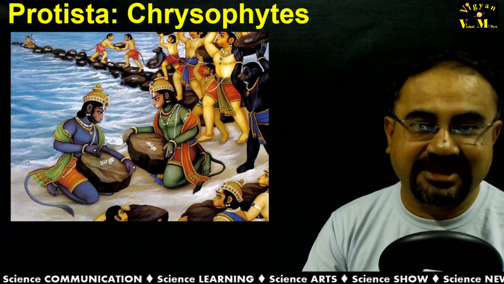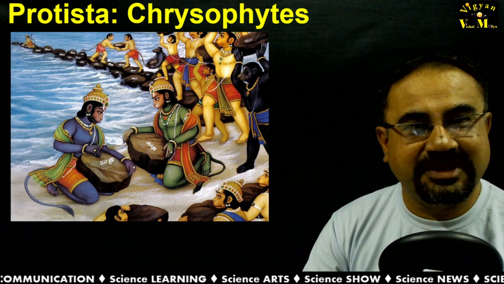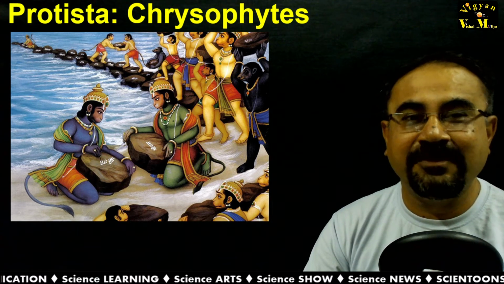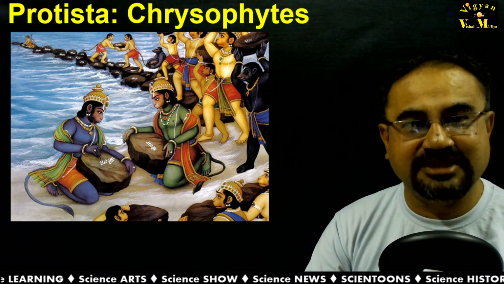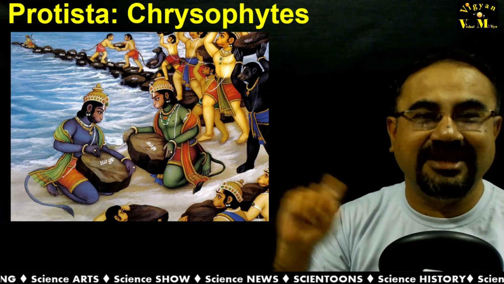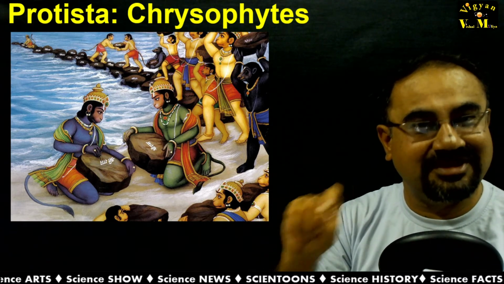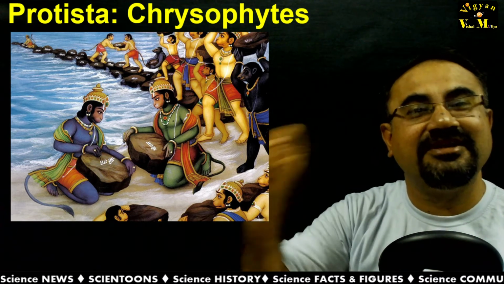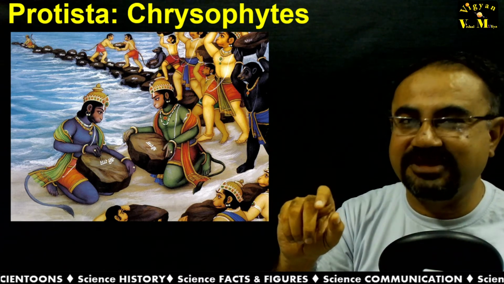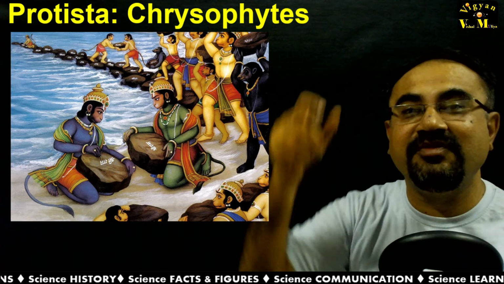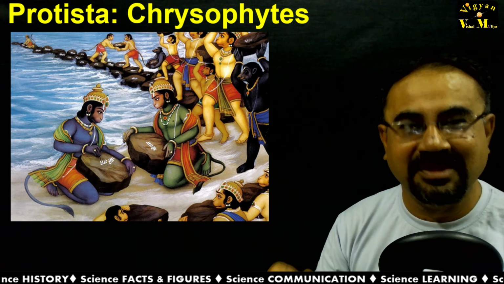And maybe at that time, Hanumanji had the capacity to determine the density by judging the volume as well as weight, and finalizing that yes, it is diatomaceous earth and you can use it because it will float. So Chrysophytes played a very important role even in history.